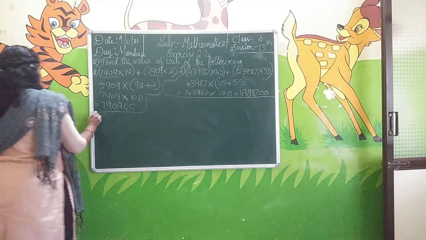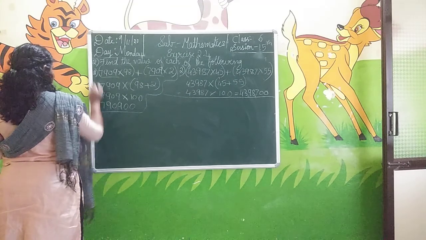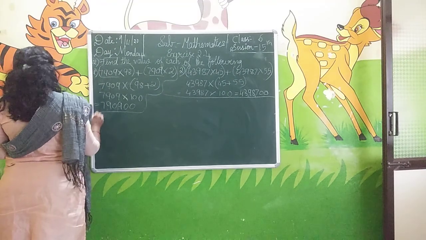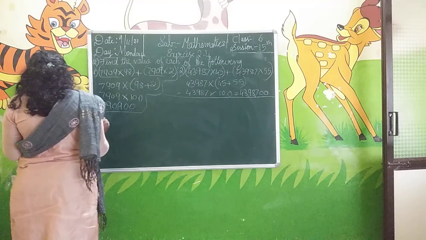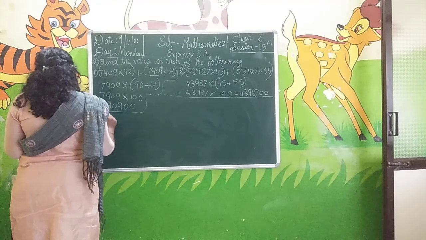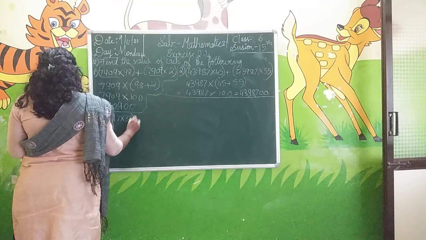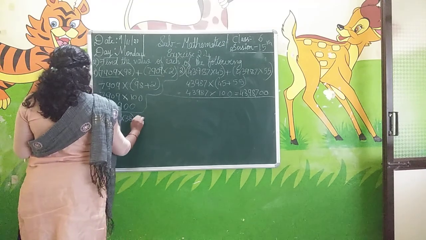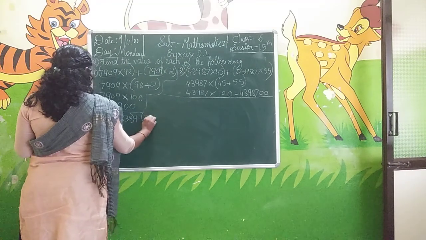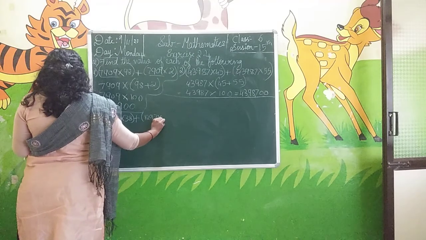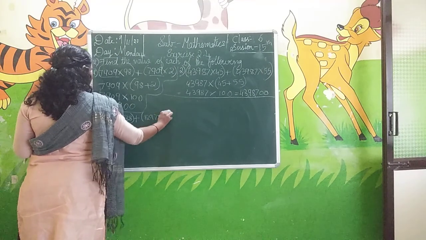And the third one. The third one is also given in the same way. 1297 is multiplied with 38, and again it is added to 1297 into 62.